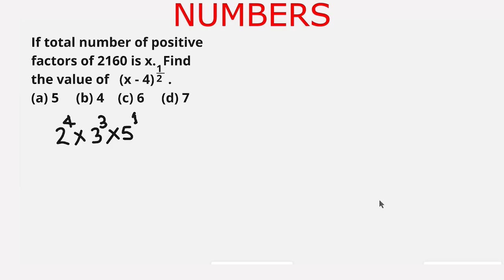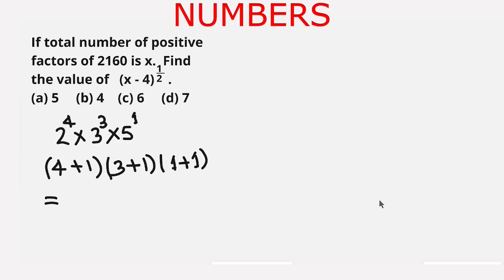Now for finding the total number of factors, what we have to do? We have to add 1 to each power of prime factors. So we add 1 to 4, the power of 2, and the power of 3 is 3, so we write 3 plus 1, multiplied by the power of 5 is 1, so we write 1 plus 1. 4 plus 1 is 5, 3 plus 1 is 4, and 1 plus 1 is 2.